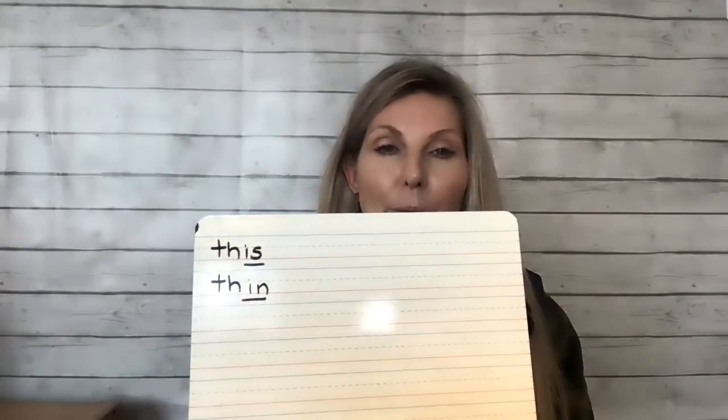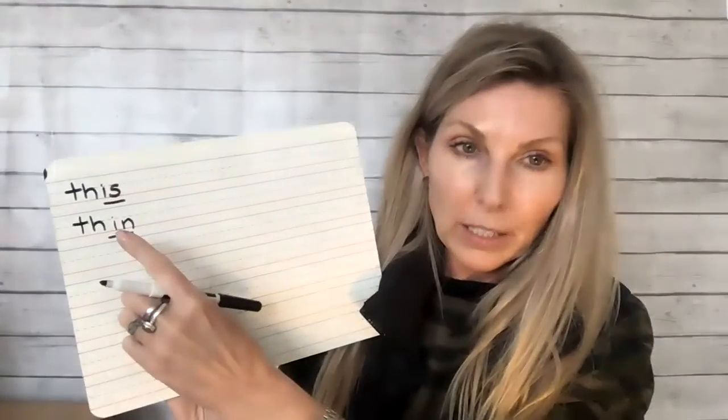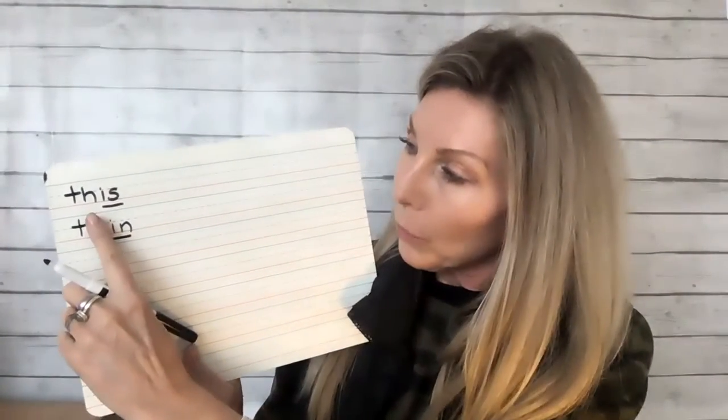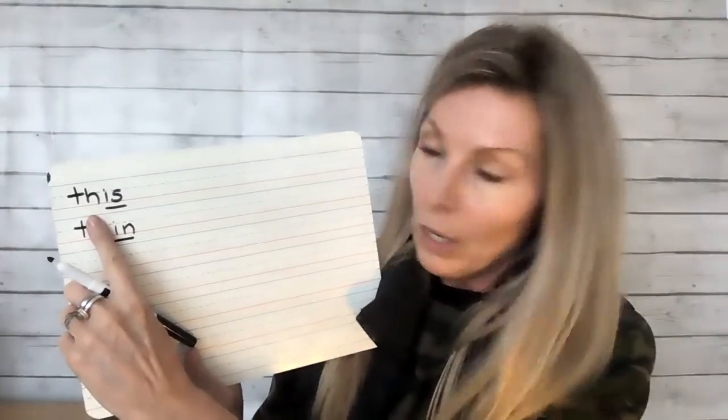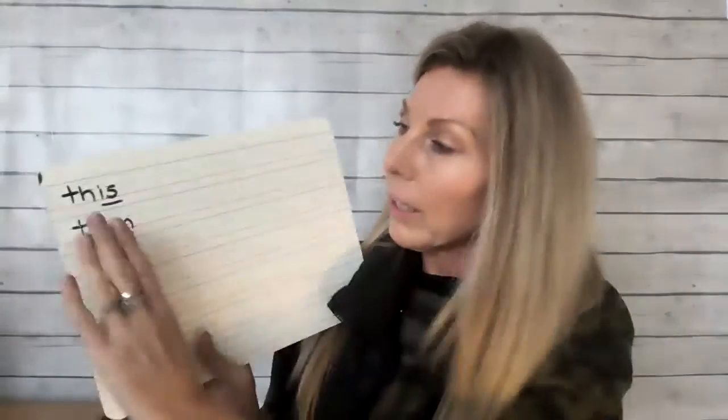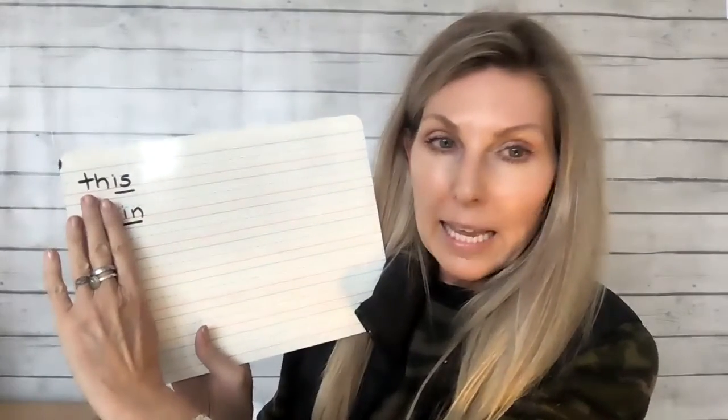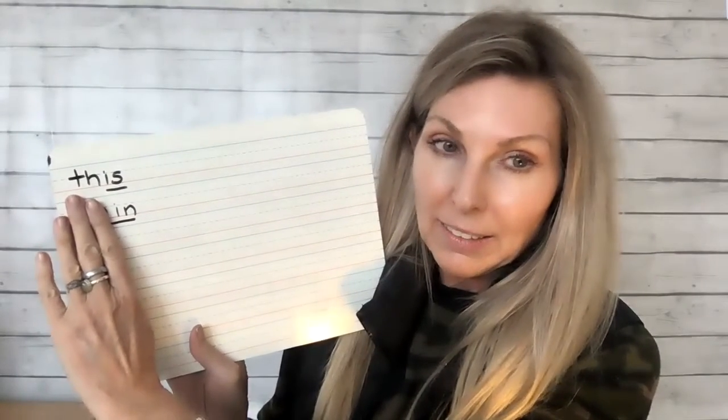Okay, next word. We're going to start out with in. This one has a word in it too. In. When you are reading a word and you know part of the word, you can chunk it up and cover it up. That says in, thin.